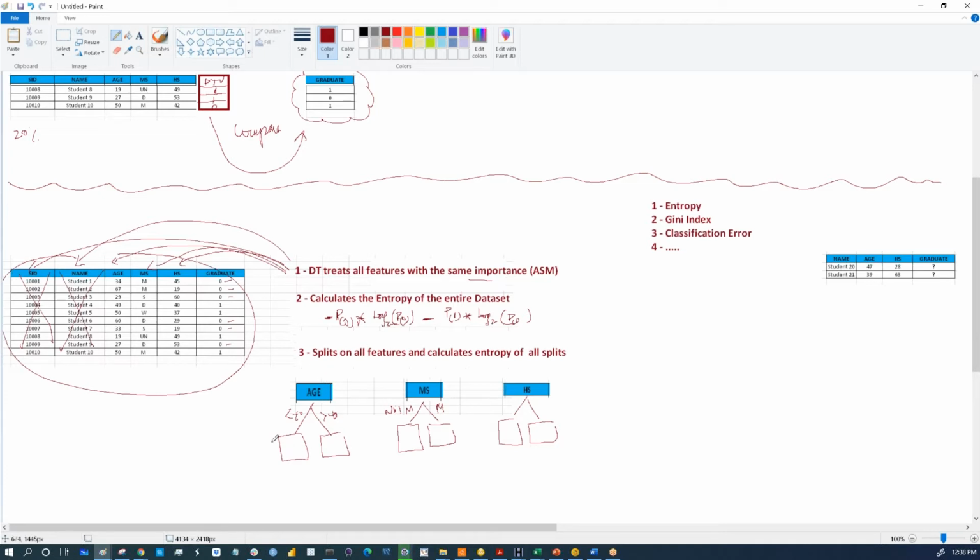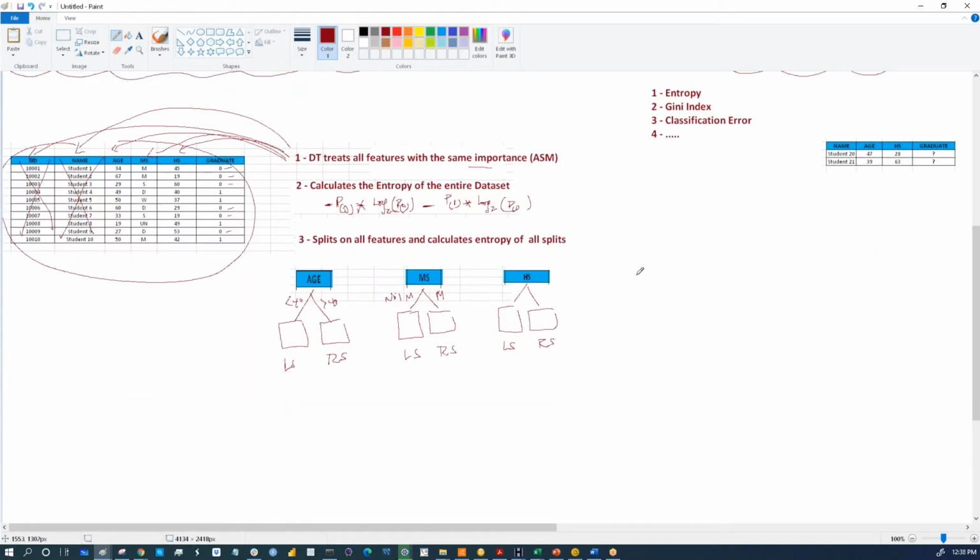For each split, we have a right side and a left side. This is what is happening behind the scenes. We are not going to do this manually; the system does it for us. But it's always good to understand what is exactly happening behind the scenes. So we split, and we calculate the entropy for each split.